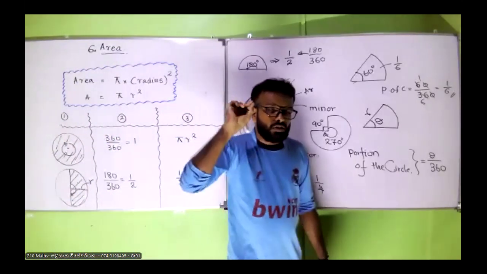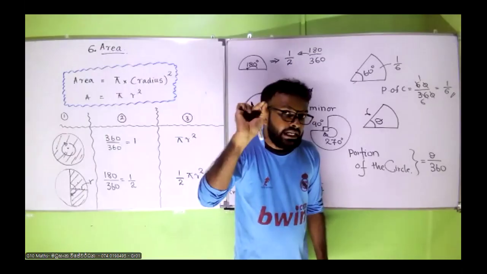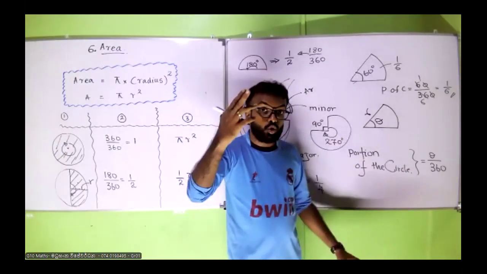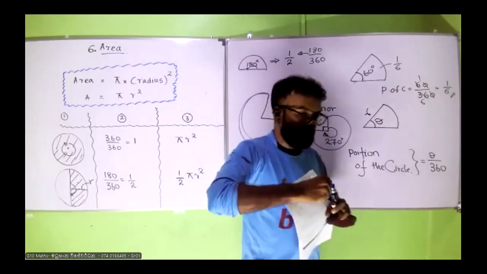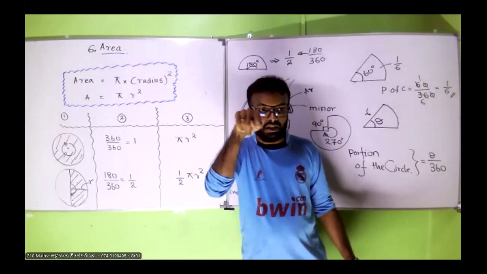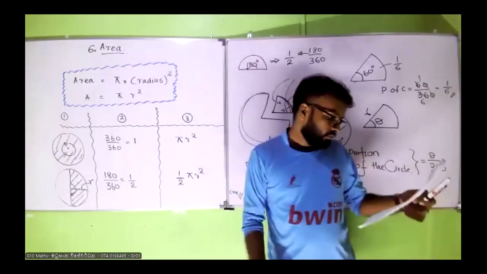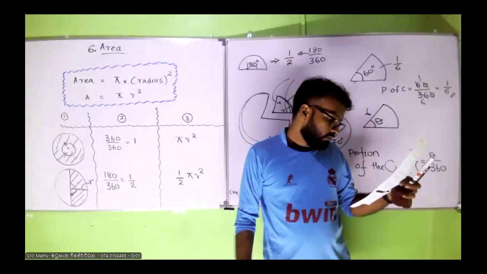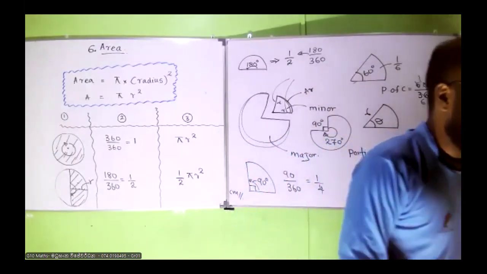Now, use your mind a little bit and fill in the rest, and I will give you 2 minutes to complete. Do it fast and send me D for done in the chat. Yes.